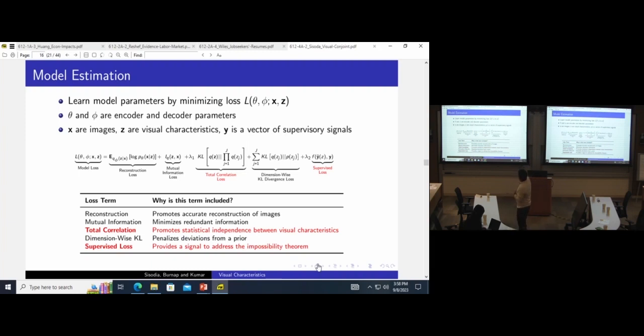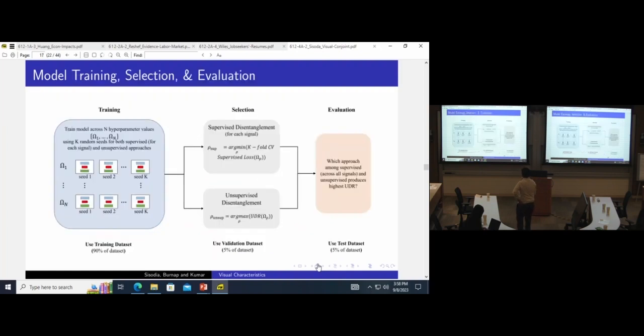The last loss is the supervised loss, which takes these visual characteristics and tries to predict some supervisory signal. In order to find lambda 1 and lambda 2, we need to train this model over a grid of lambda 1 and lambda 2 and find optimal values over some metric.